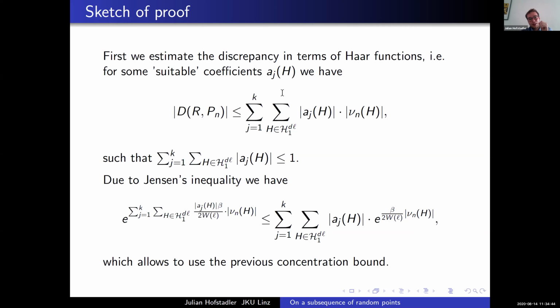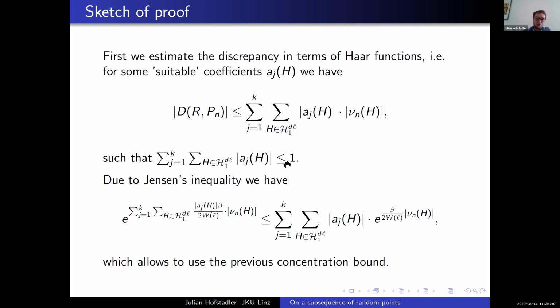So this allows us to find some suitable coefficients, and then, this comes just from the triangle inequality, first we write the discrepancy in terms of Haar functions by the basis property. And we also see that we in fact do not need all Haar functions, which is also quite a nice property if one goes through the proof.